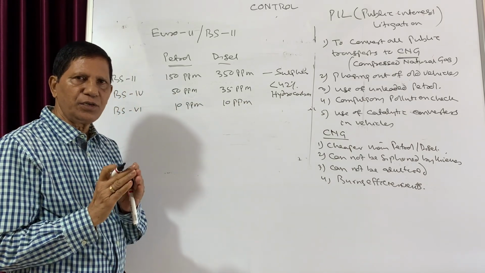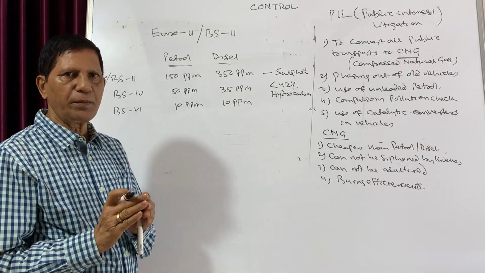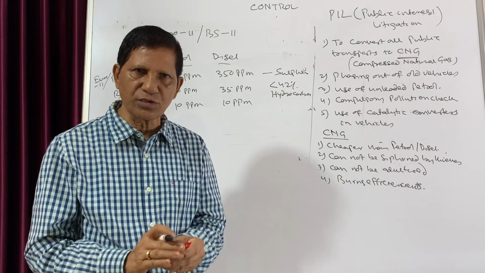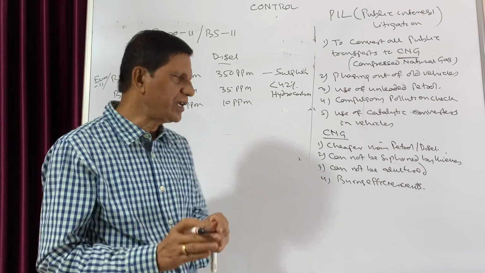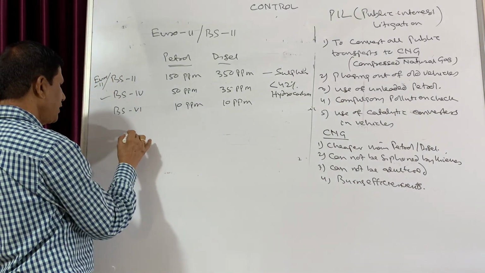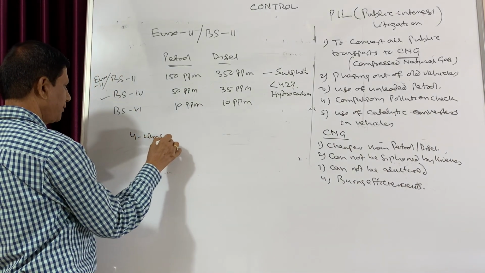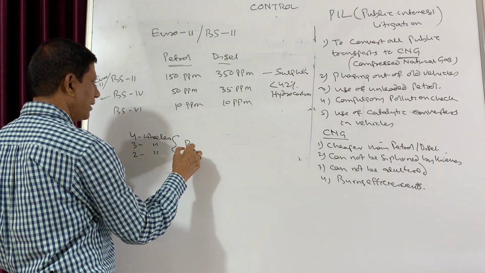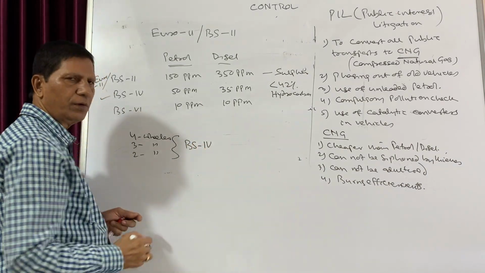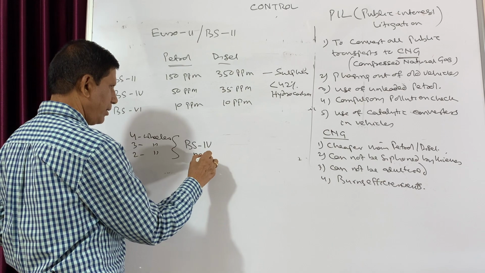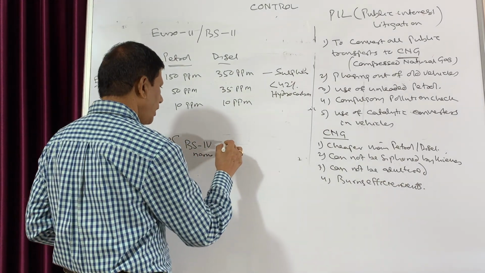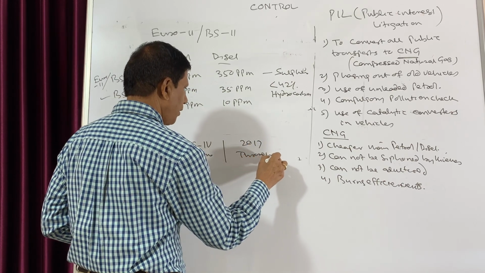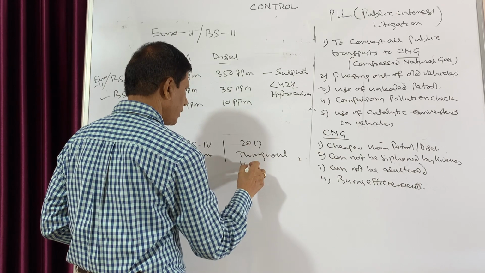And since 2017, the Government of India has made it compulsory that all 4-wheelers, 3-wheelers and 2-wheelers have to obey BS4 norms throughout the country.